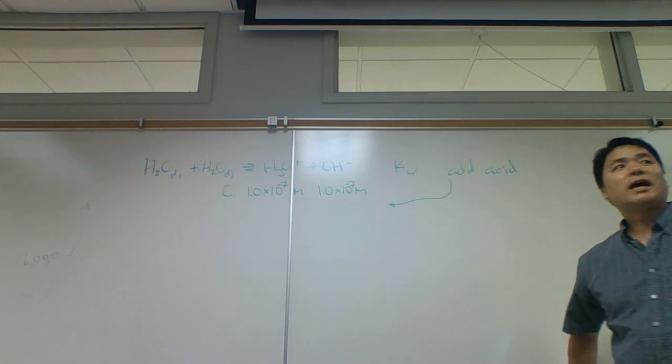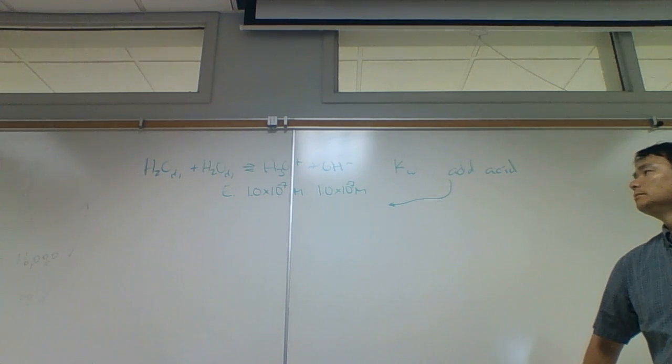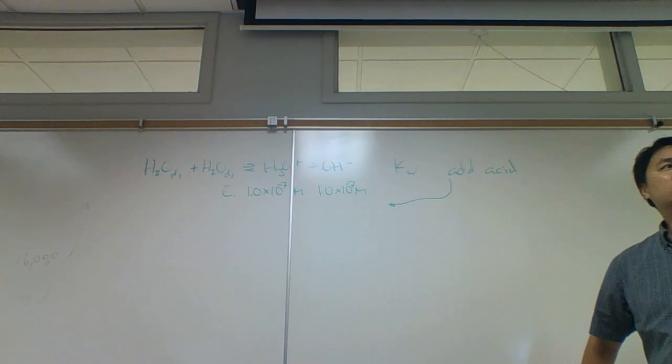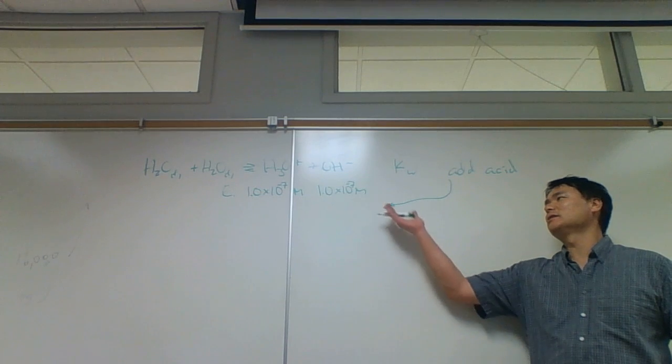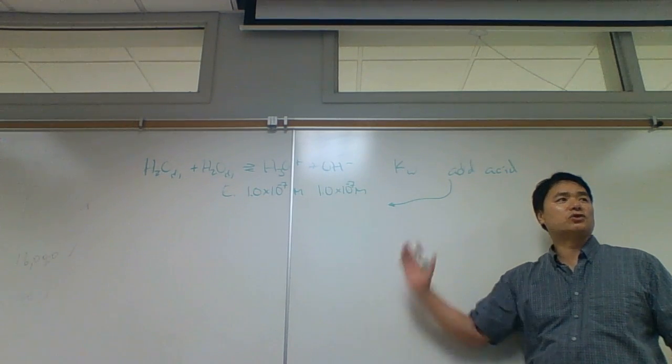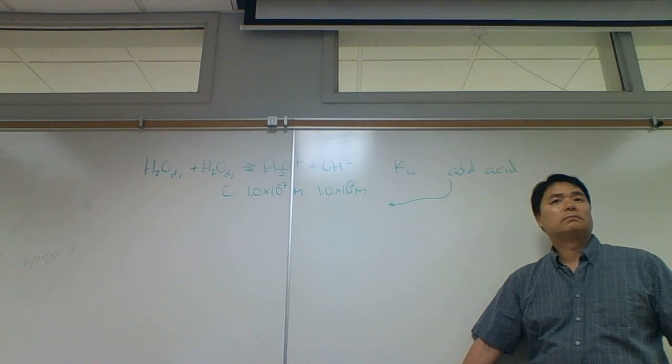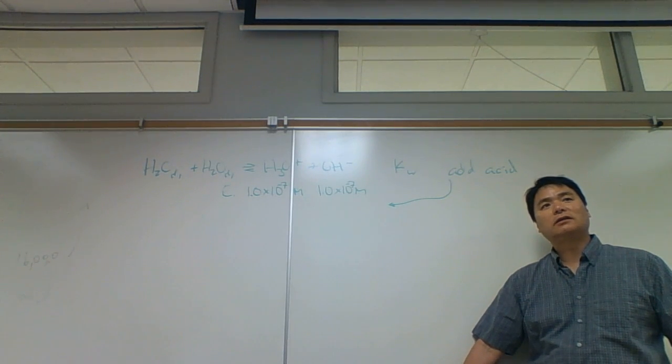We could add carbonate, but carbonate's more complicated. I just want to add something that's going to either add hydronium or add hydroxide. Okay, hydrochloric acid, how much should we add? Maybe a little bit or a lot?